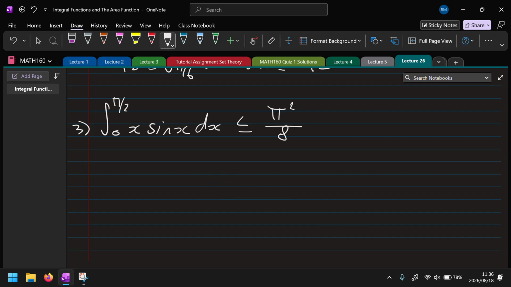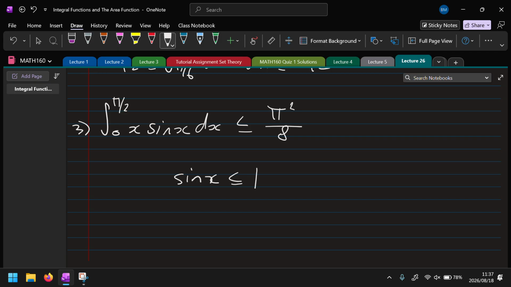Okay, so sine x is less than or equal to 1. We don't need to include the negative part because we're looking for an upper bound. But even on this interval from 0 to pi over 2, sine x is positive anyway, so we didn't even need the lower bound.